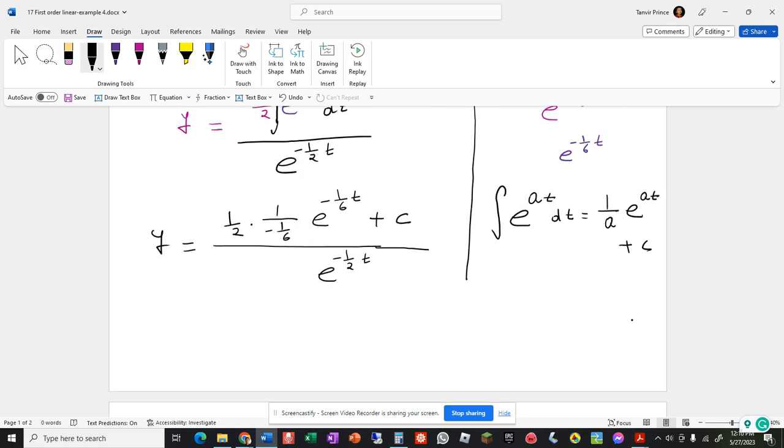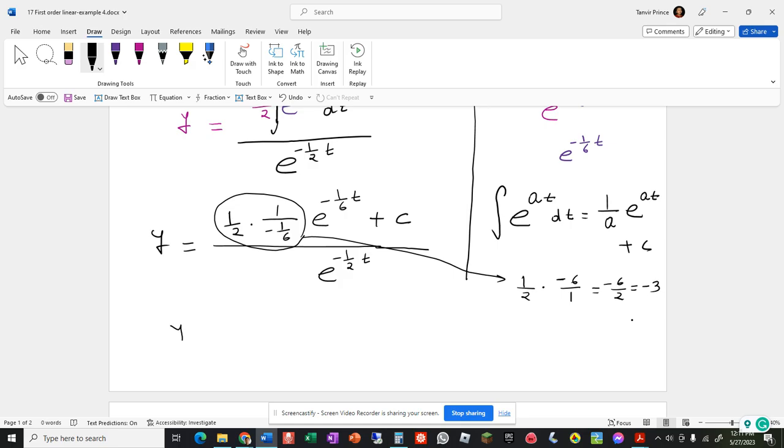But this one, it can of course simplify, right? Keep, change, flip. So here 1/2 times, I flip negative 1/6, so that becomes negative 6 over 1. So that's actually negative 6 over 2, which is negative 3.